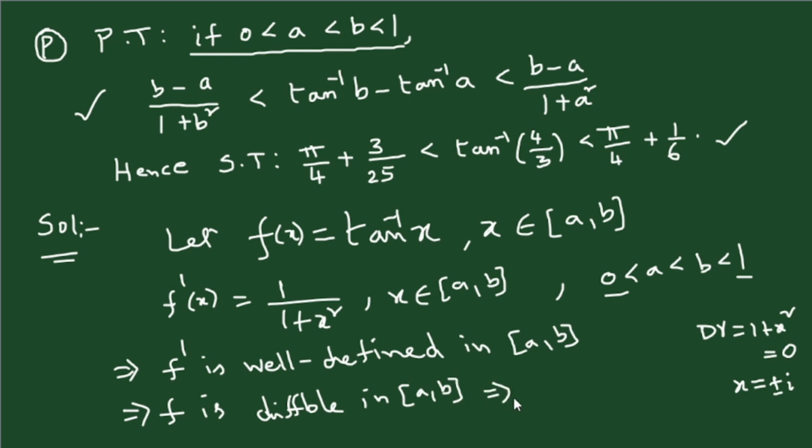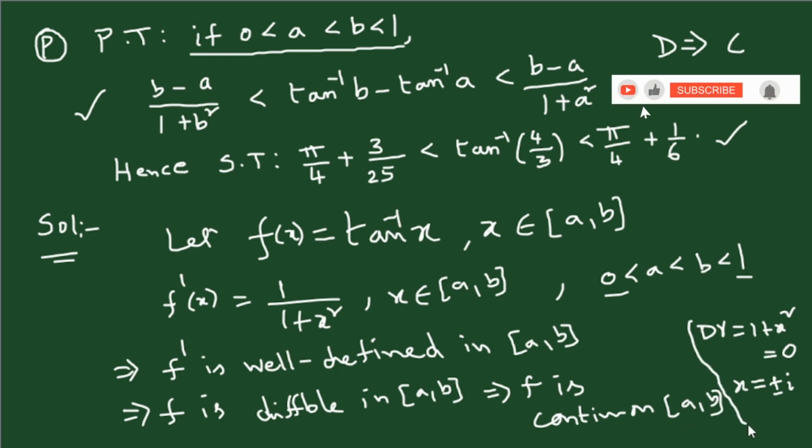We have more than that. Differentiability implies continuity. We know that if f is differentiable, then it should be continuous also on the same domain. So f is continuous on the same interval [a, b].